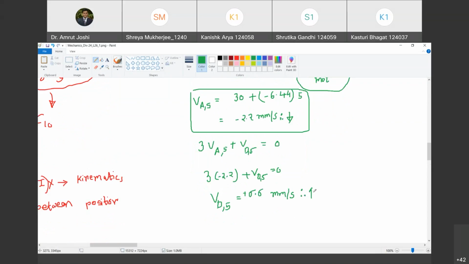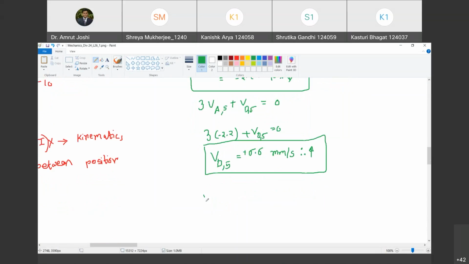Happy? Yes, sir. Now, we have got both the velocities. Now, the relative velocity of D with reference to A at time t equal to 5 seconds is what? It is the velocity of D at 5 seconds minus the velocity of A at 5 seconds.